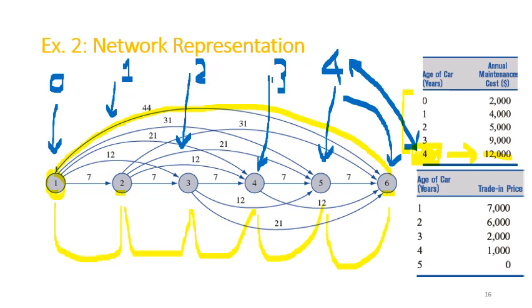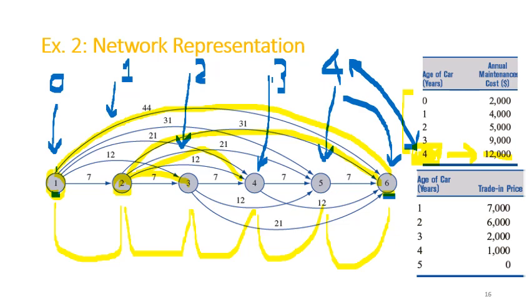Of course, if you can use it all the way from 1 to 6, it means that you can also have the arc from 1 to 5, 1 to 4, 1 to 3, 1 to 2. And then from 2, you can also have 2 to 6, 2 to 5, 2 to 4, 2 to 3, and so on. Okay, so that's how you're getting the arcs.